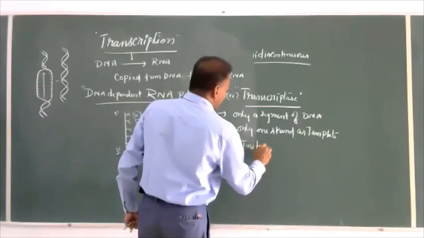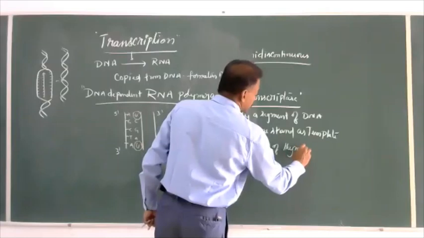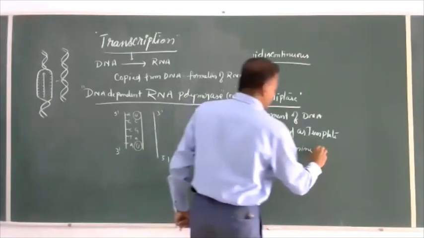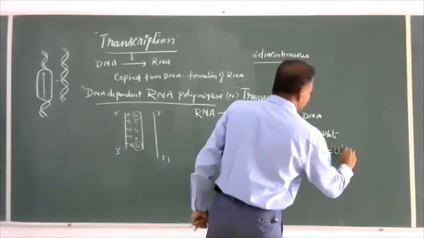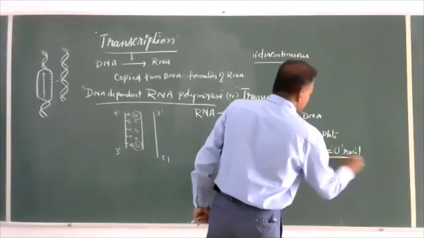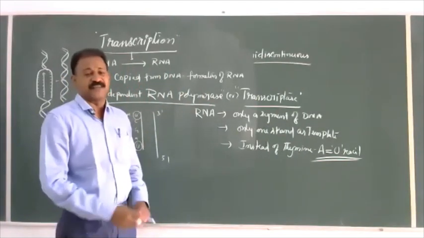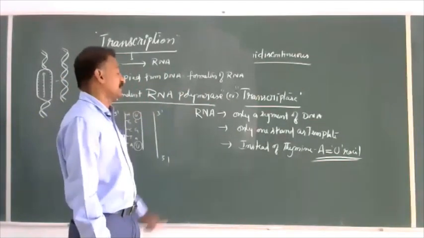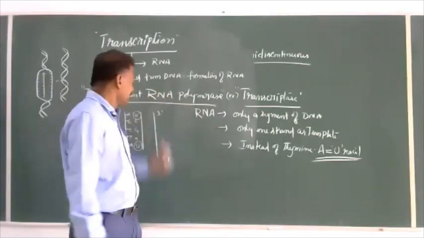Instead of thymine, adenine bonds with uracil. So in the RNA molecule, uracil will be there. In the DNA molecule, thymine is there. We have studied the structure and chemical composition of RNA and DNA.